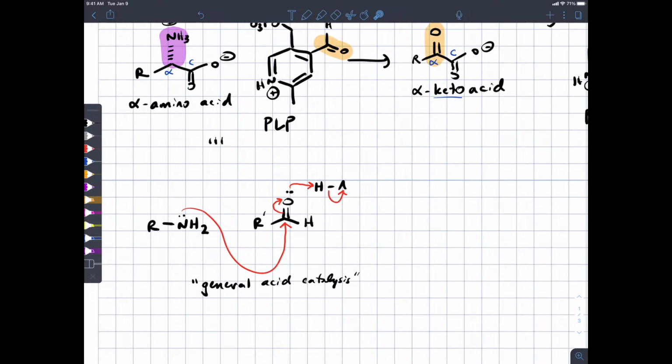What we may have shown you previously, where you protonate the oxygen first and then the nitrogen attacks, is called specific acid catalysis. The mechanism shown in your text actually has the amino group attacking the neutral carbonyl to give you a tetrahedral intermediate where the oxygen's negatively charged.